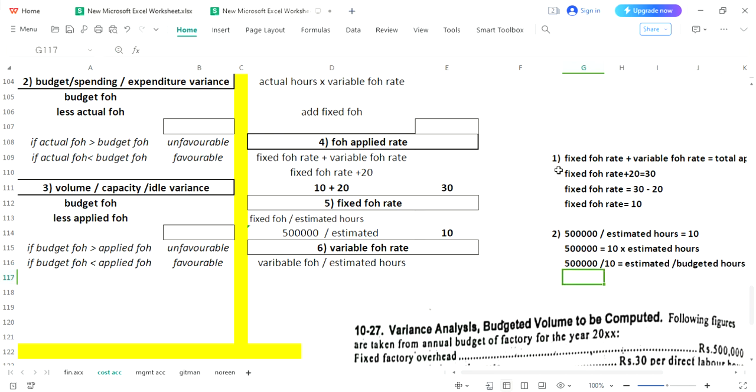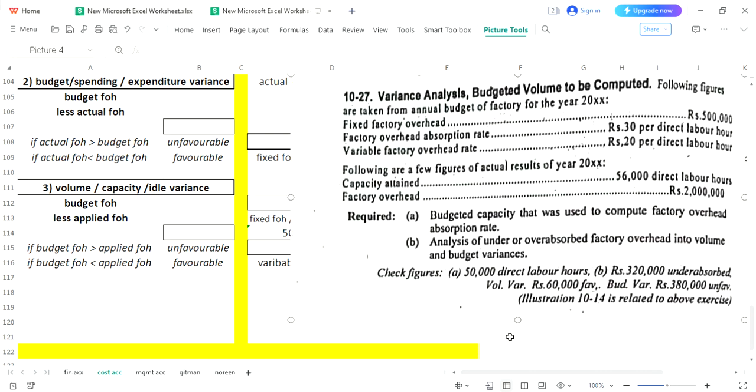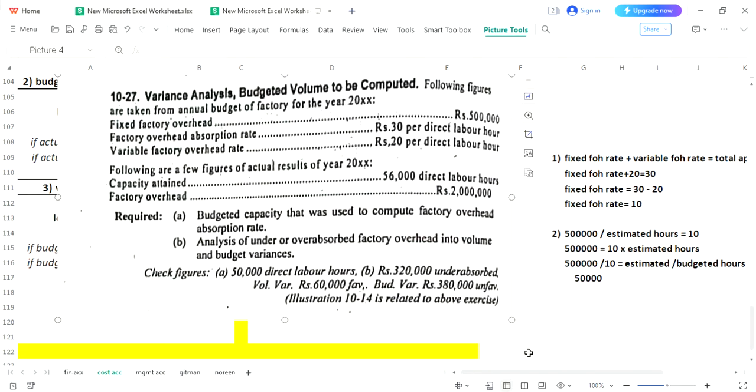Alright, now put it on your calculator. 5 lakh divided by 10. So here 50,000 you have calculated, which is what? Estimated or budget hours. Our first requirement was the same thing which we have just calculated. Look at here. First requirement was budgeted capacity that was used to compute FH absorption rate. So it is 50,000.